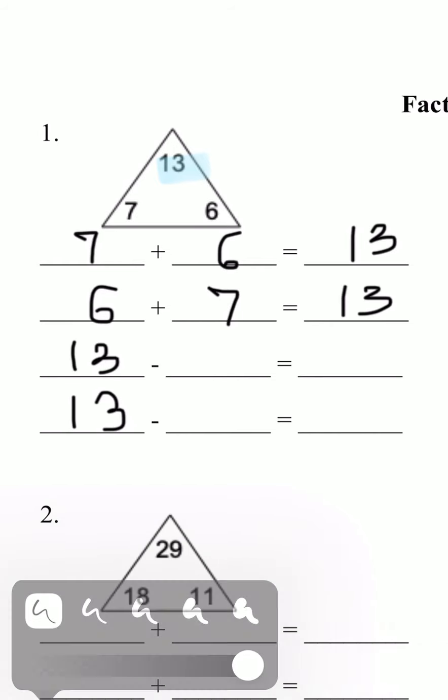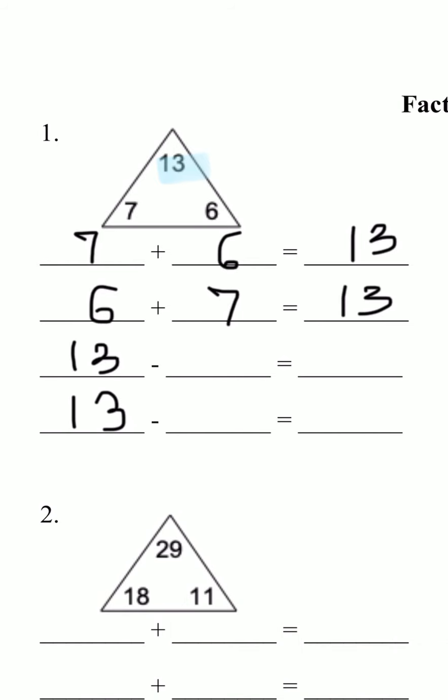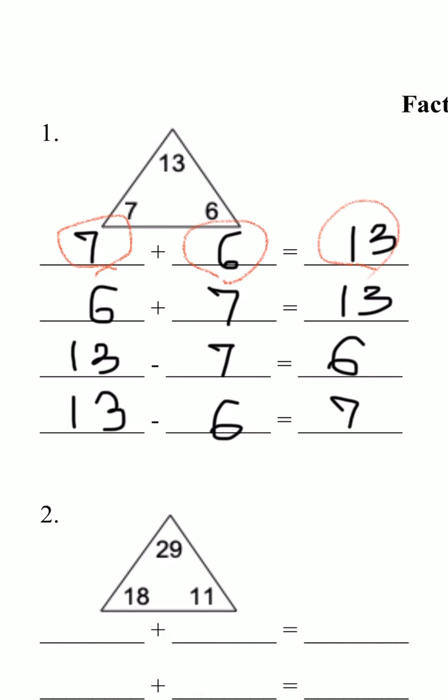Because we're subtracting. Now we're going to write 7 first, okay? And that is going to be 6, because 6 plus 7 is 13. Then 13 minus 7 is going to be 6, okay? Now 13 minus 6 is going to be 7. Because right here, 7 plus 6 is 13.